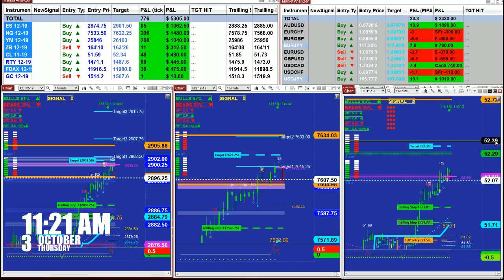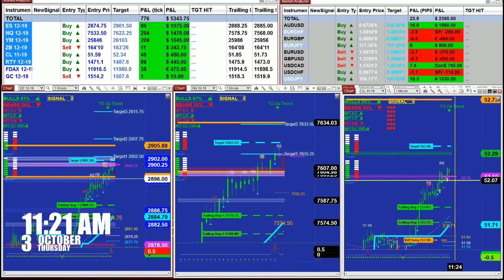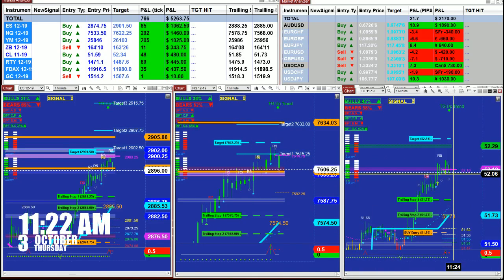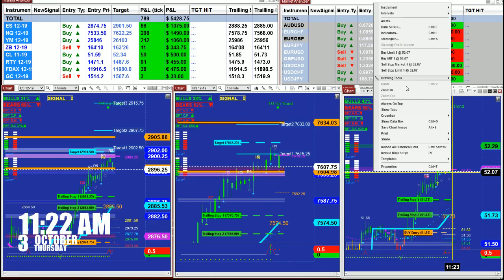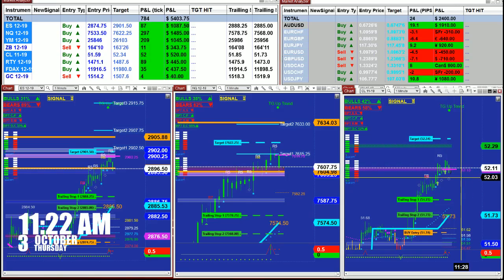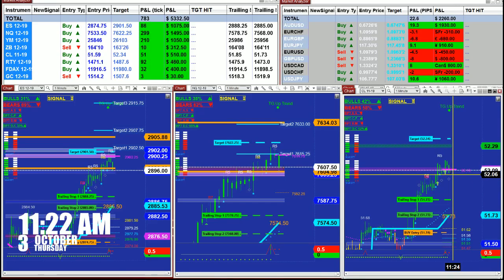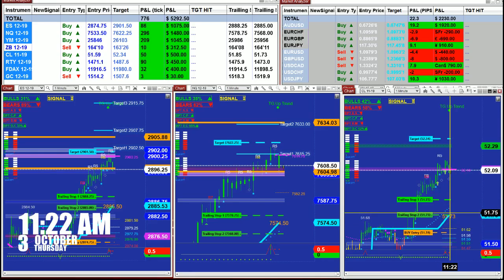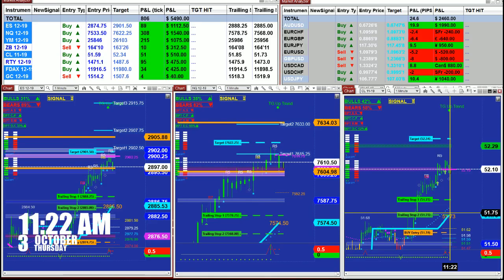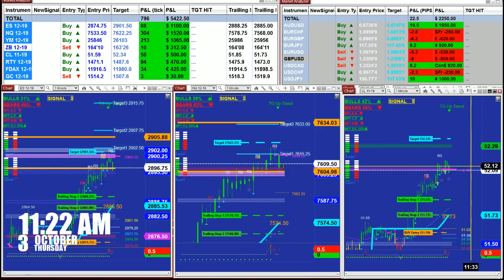When you hit the targets like this one here, you can do a manual trade if you want to. You can put a sell trade right there at 52.06, reverse the market at 51.75. So this can be done, and if you're done with this one, you're done with that one.